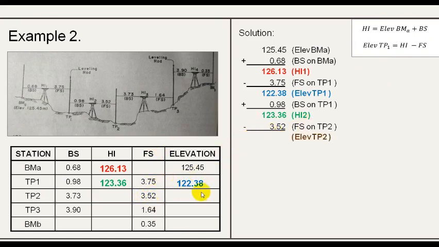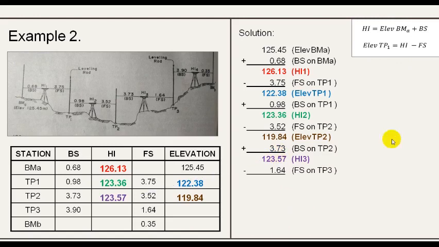So the answer will give us the elevation of turning point 2, which is equal to 119.84. Next, go back to that elevation, 119.84, plus the backsight reading at turning point 2, 3.73. This gives us the height of instrument for the third setup, which is equal to 123.57.